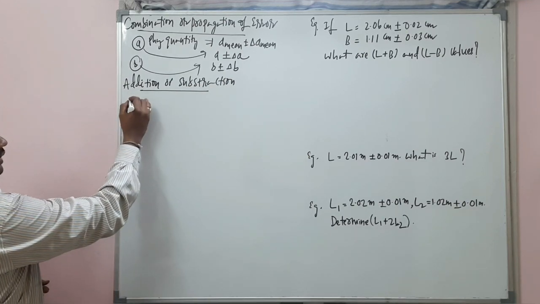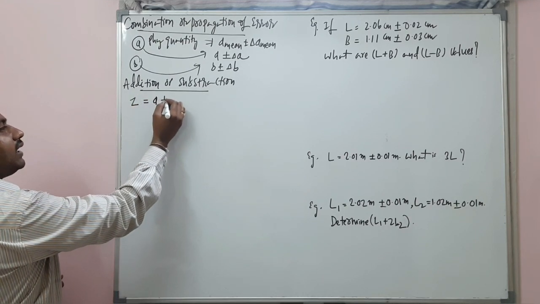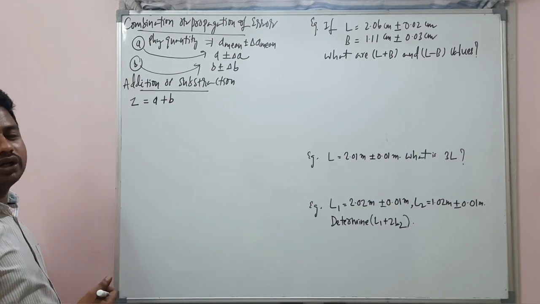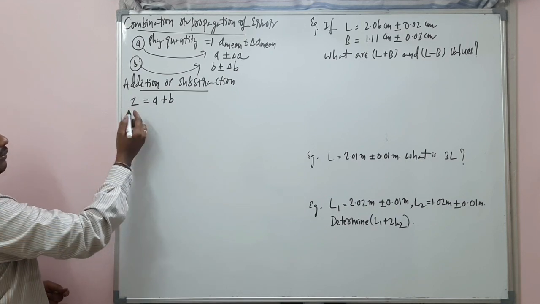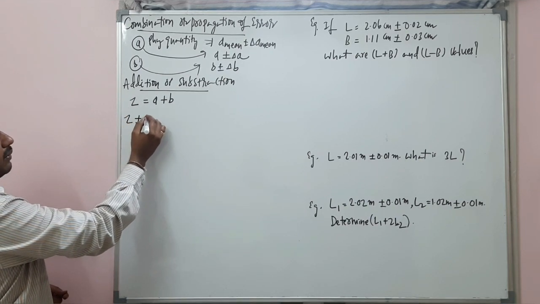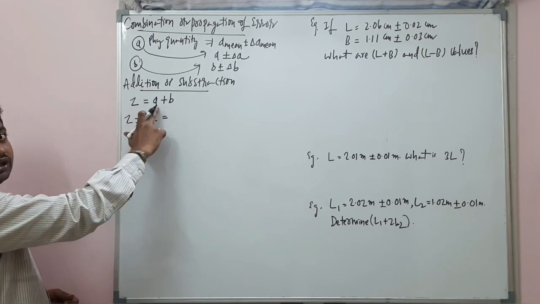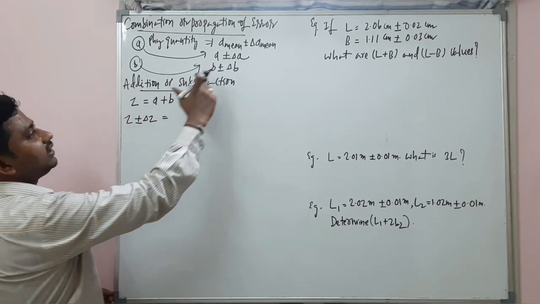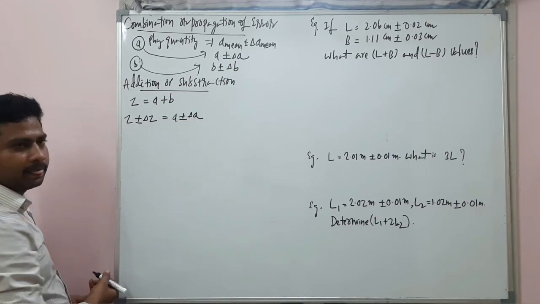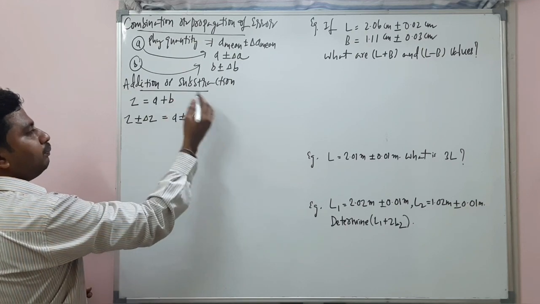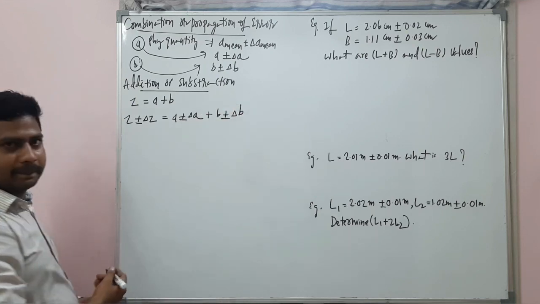Let Z be the final value when I add two physical quantities A and B. There is an error involved in the final measurement, that is Z plus or minus delta Z. There is an error involved in the first physical quantity A, so its value can be written as A plus or minus delta A, and B plus or minus delta B. Alright.